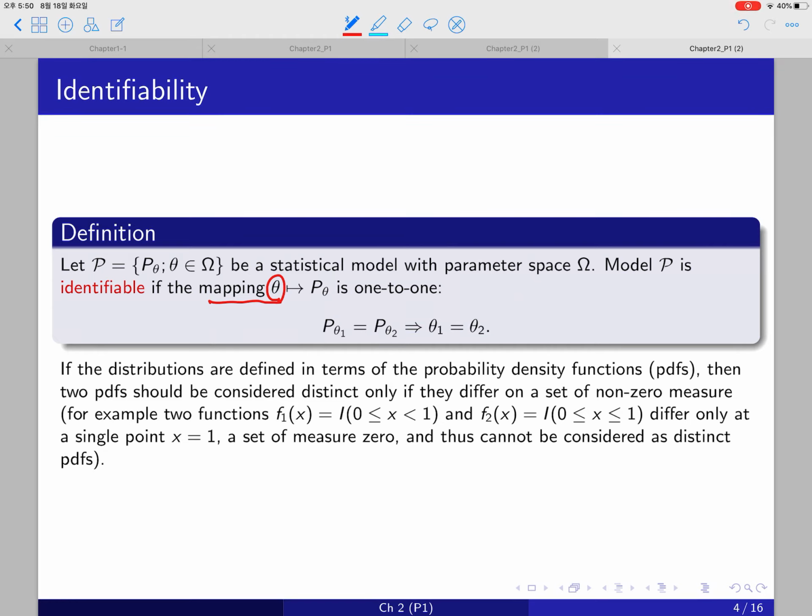You index your model by zeta, but different zeta will imply different densities, different distributions. And when we talk about different distributions, we are talking about differences on a set of non-zero measure. We are not going to bother with zero-measure points, because that does not make any difference in terms of probability. Okay.